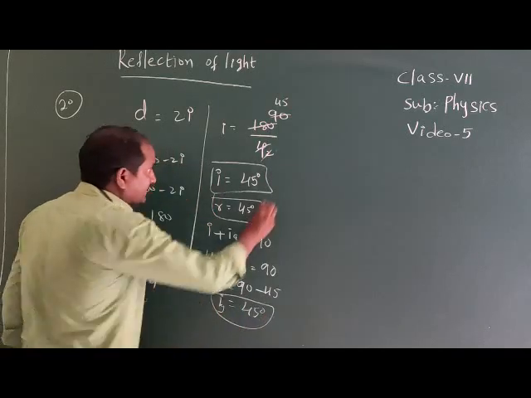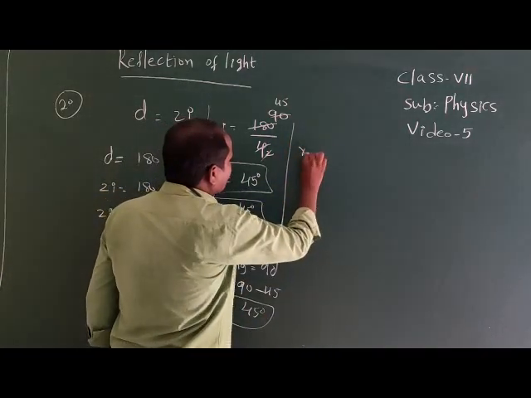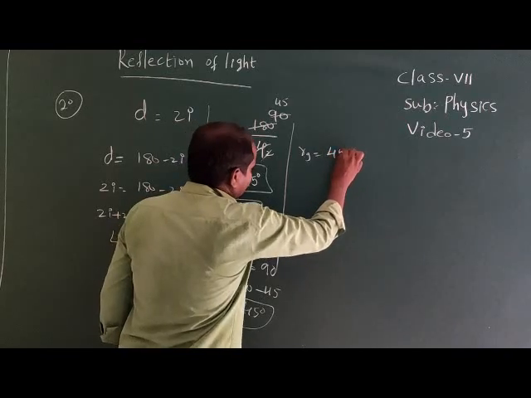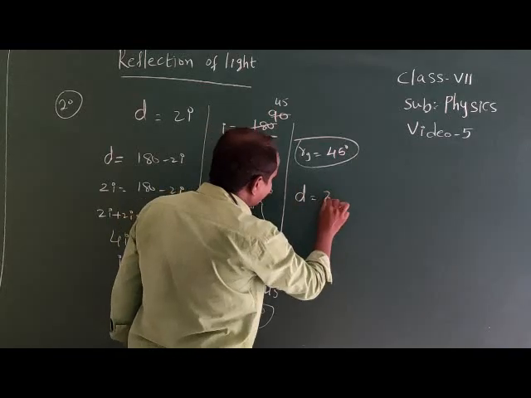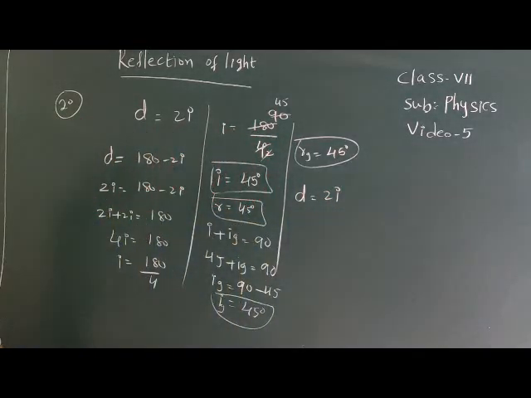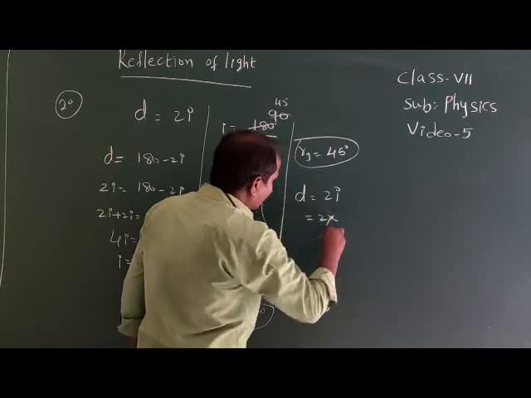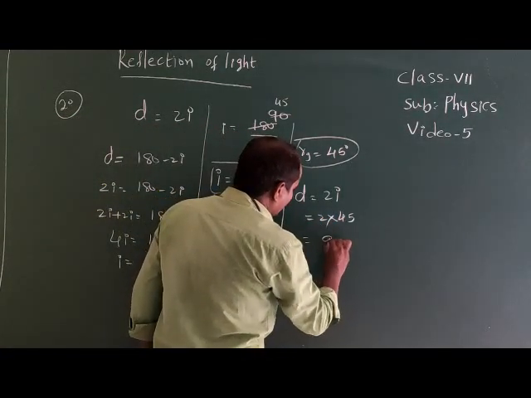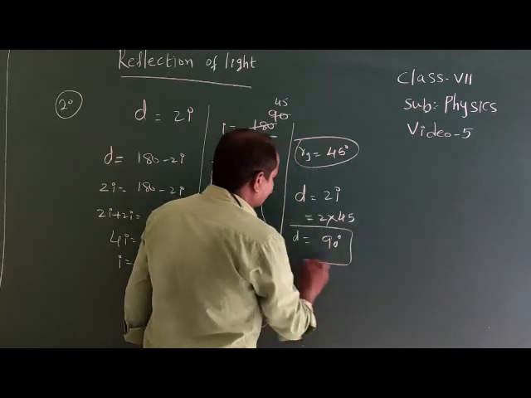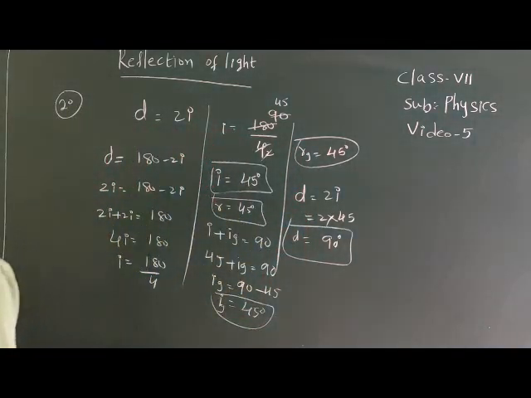Then the angle of deviation d equals 2i from the given data. So the angle of deviation equals 2 into i, and i is 45. Therefore d equals 90 degrees. The angle of deviation equals 90 degrees.